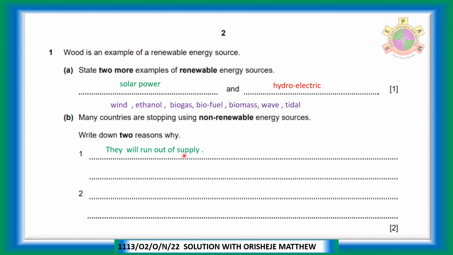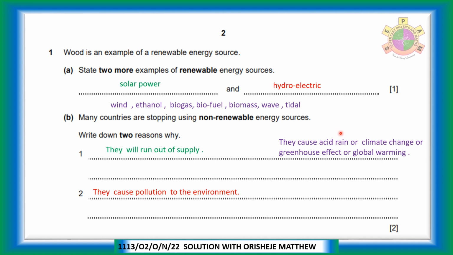Many countries are stopping using non-renewable energy sources. Write down 2 reasons why. The reasons are: 1, they will run out, they become extinct, they can be exhausted, and they have limited supply. They cause pollution to the environment. They cause acid rain. For example, they emit carbon dioxide, which dissolves in rain, and then the water becomes acidic.